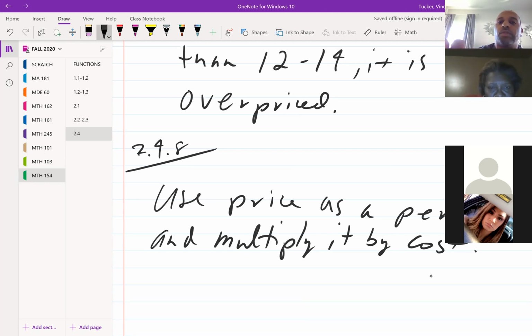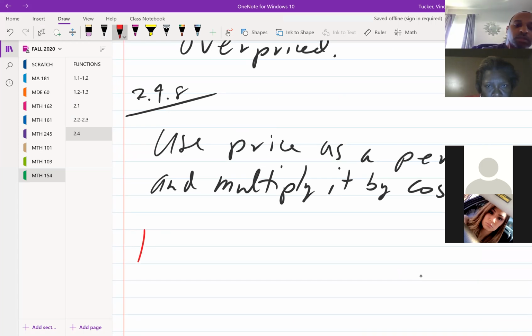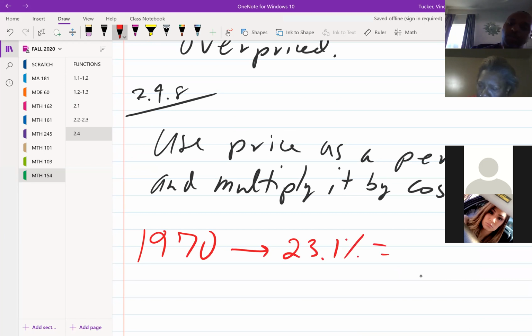I didn't do good notes on this, so I'll just go and do the one that we have. So we go to 1970, we see 23.1%. Convert that to a decimal.